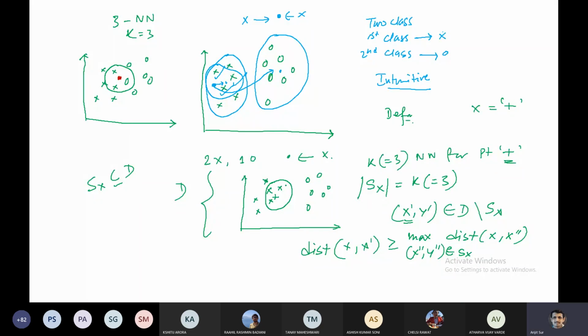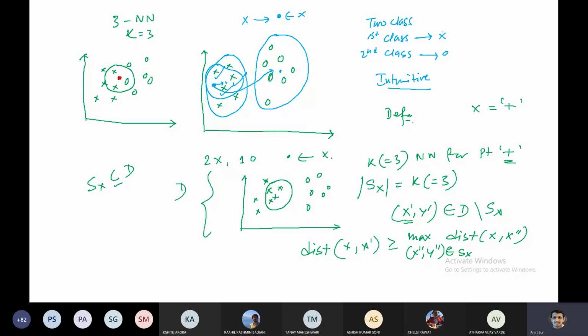This x bar may be this x or this x, but which x is the furthest from this plus? That distance is also less than or equal to that of any other point outside this cluster, or nearest neighbor set. That is very easy to understand.